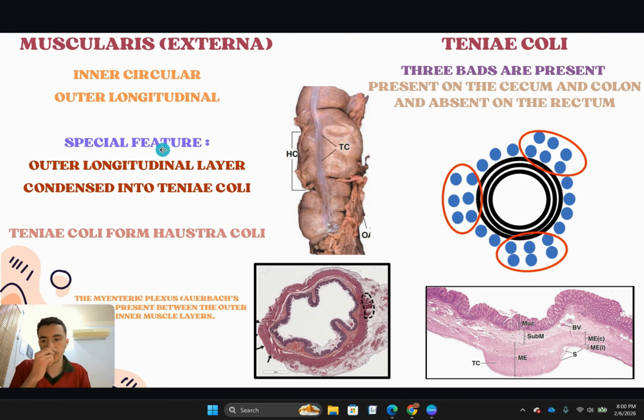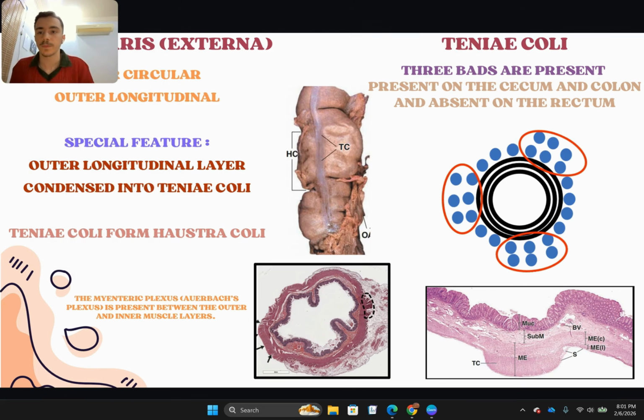But a special feature is that the outer longitudinal layer is condensed into teniae coli. So all of them condensed together become like a huge longitudinal muscle, which we call teniae coli. Teniae form the haustra.